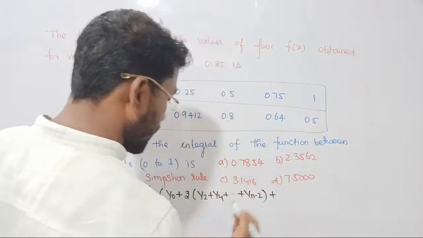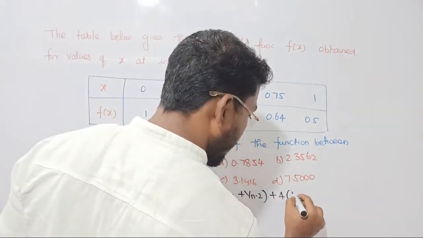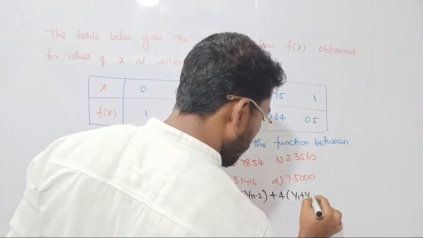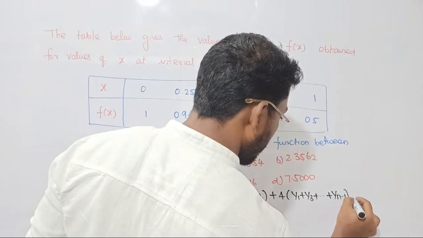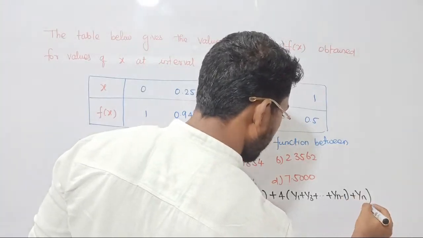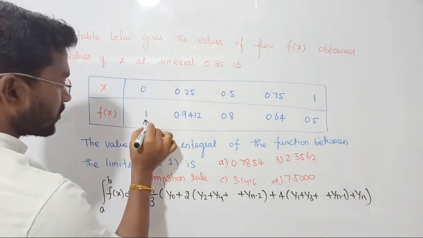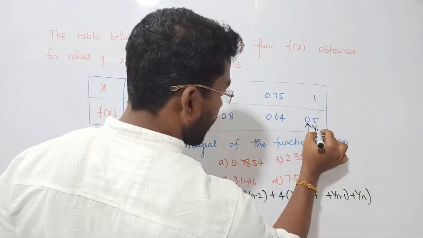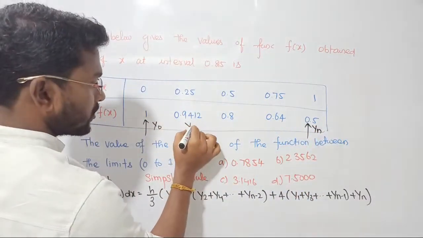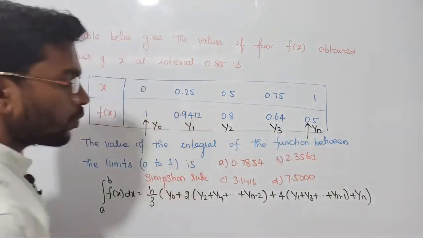Again we have to consider 4, and in bracket we have to consider y1 plus y3 plus etc. plus yn minus 1, plus yn, which will be separated, right? We know all these things. Here the first point is y0, the last point is yn, the second point is y1, this is y2, and this is y3.